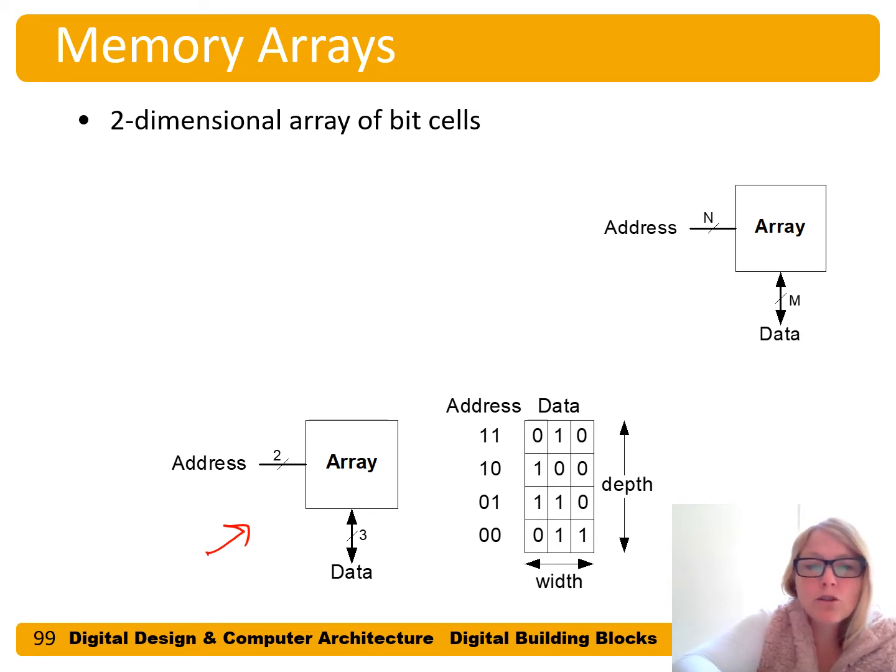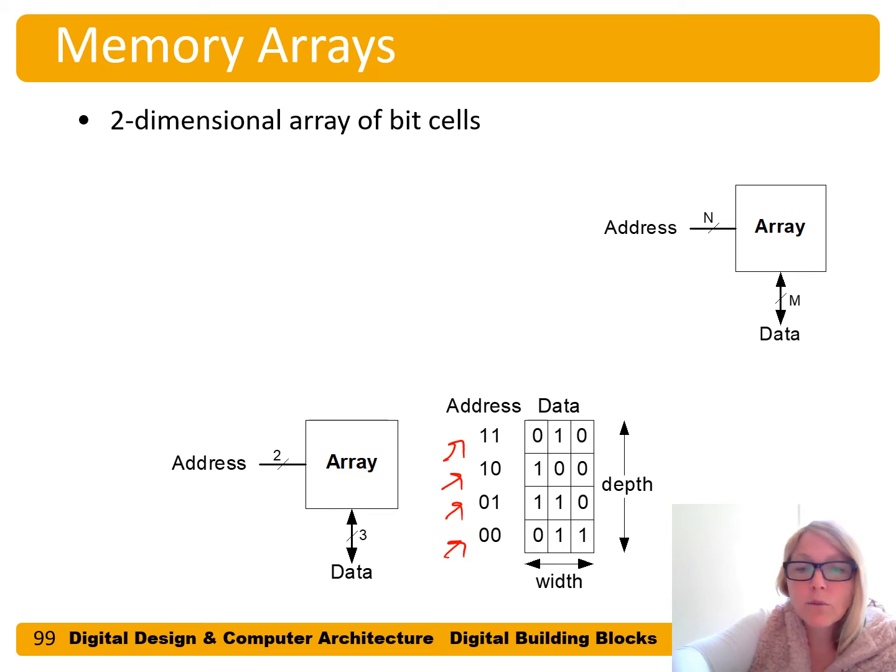With 2 address bits, we have 2 to the 2 possible unique addresses, or 4, right? Address 00, 01, 10, 11. And so we can store 3 bits of data at each address. For example, at address 00, we have the bits 0, 1, 1 stored there. At address 11, or address 3, we have the value 0, 1, 0 stored there.